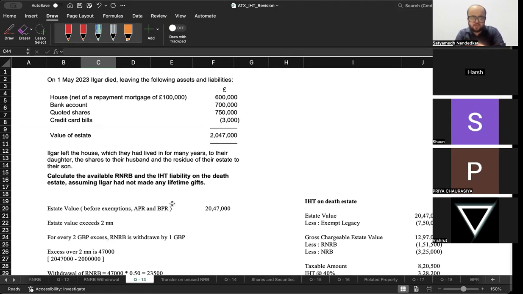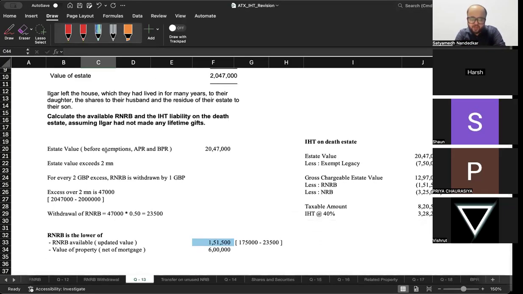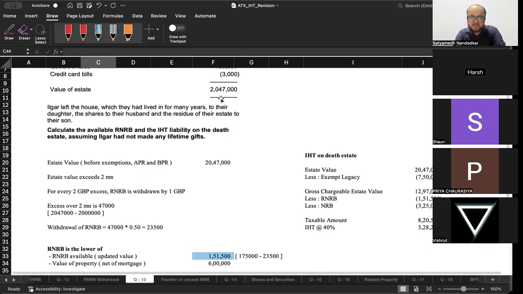Ilgar left the house which they had lived in for many years to their daughter, the shares to their husband, and the residue of their estate to the son. So, what is the estate value before claiming exemption APR BPR? 20 lakh 47,000. When the estate value exceeds 2 million, for every £2 of excess, RNRB is withdrawn by £1. Excess कितना है? 2047 minus 20 lakhs.